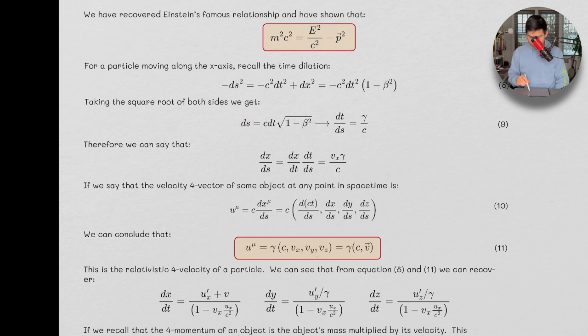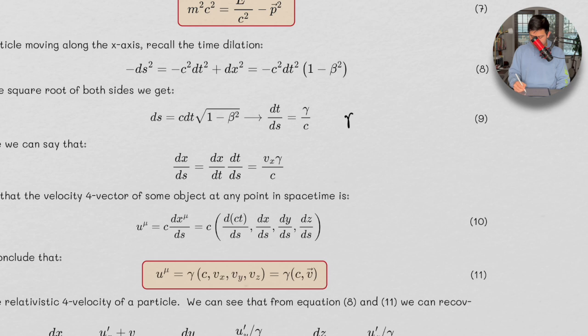So 1 over gamma equals gamma, because gamma, as we've said, was 1 over the square root of 1 minus beta squared, right?